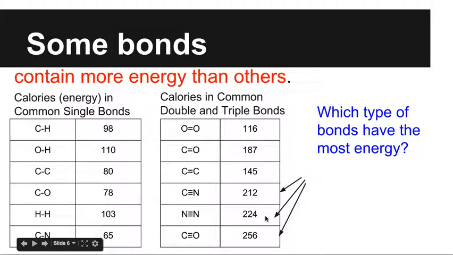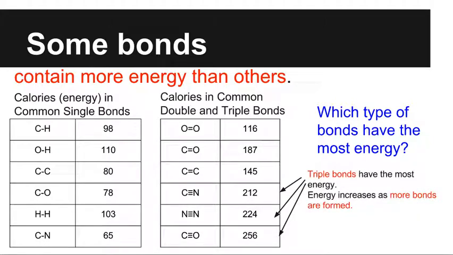We're looking down here. These have the most energy. These are in calories per mole. Calories are a form of energy. If you didn't get it, it's triple bonds. Triple bonds have the most energy. Energy increases as more bonds are formed. We just went over that, right? As you have more bonds, there's more energy.